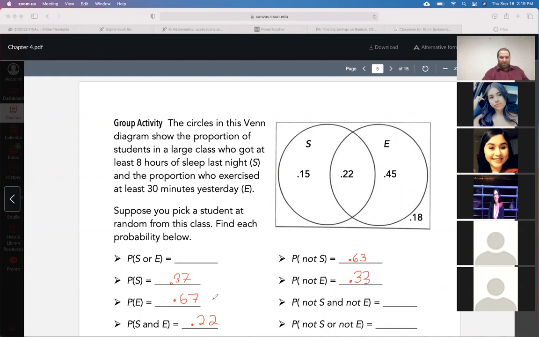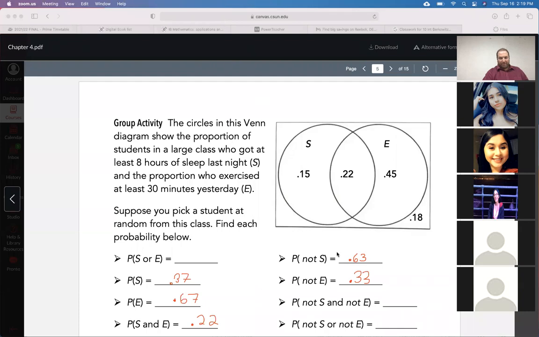By the way, what do you notice about these two and these two? They add up to 100%, because either you're an S or you're not an S. Either you're an E or you're not an E. So as pairs, they have to add to 100%. Agree?